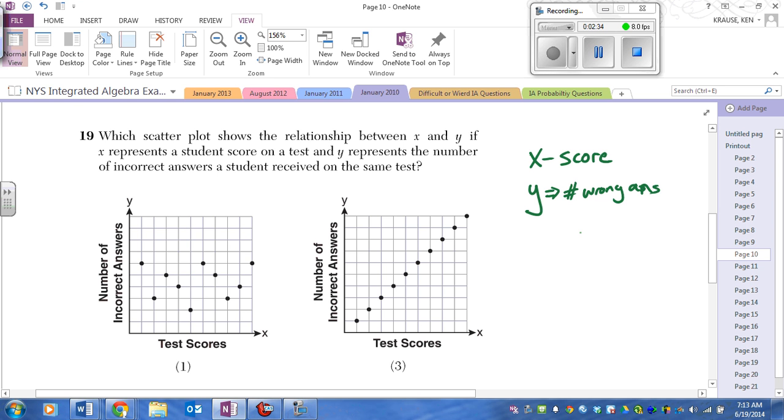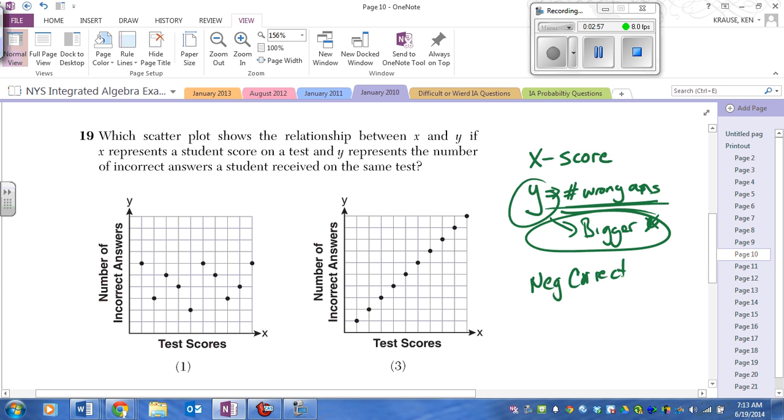So really what this is saying is as Y gets bigger, X should get smaller. As I make more mistakes, more wrong answers on the Y-axis, then my score goes down. So I'm looking for a negative correlation.